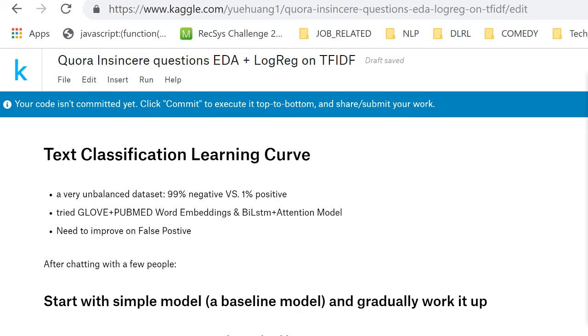So I decided to try the first baseline, which is using TF-IDF word embeddings, and then the simplest logistic regression just to set up the baseline.